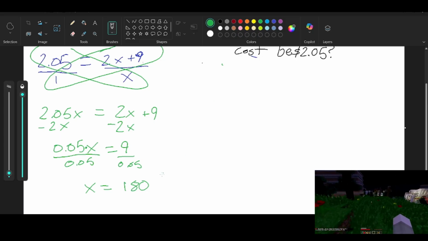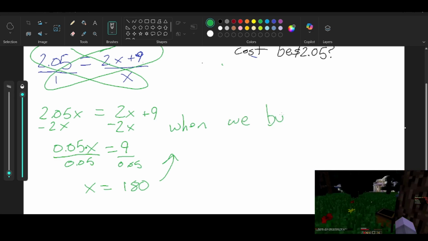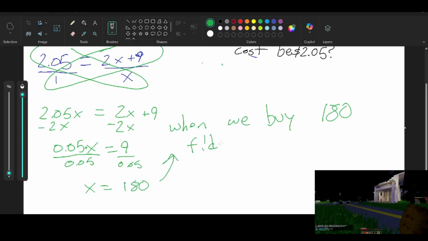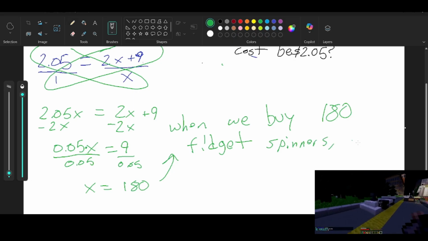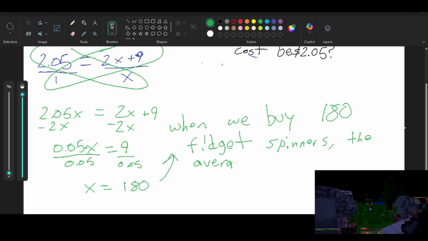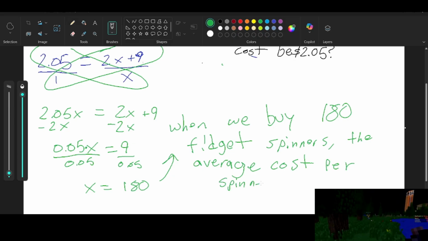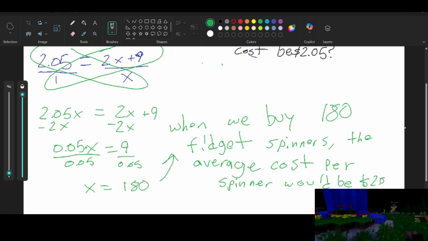I would explain that when we buy 180 fidget spinners, the average cost per spinner would be $2.05.